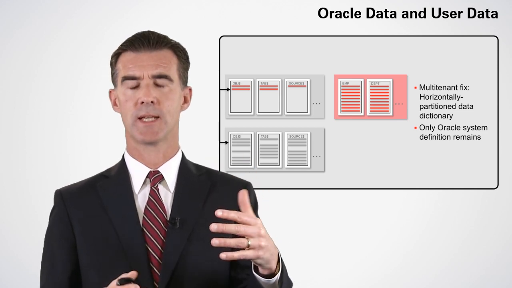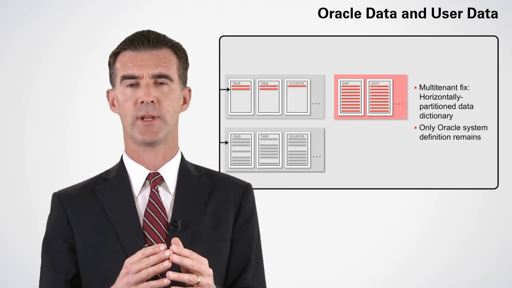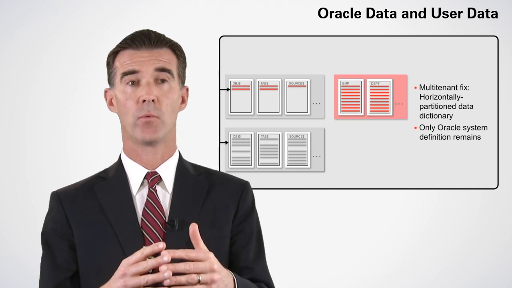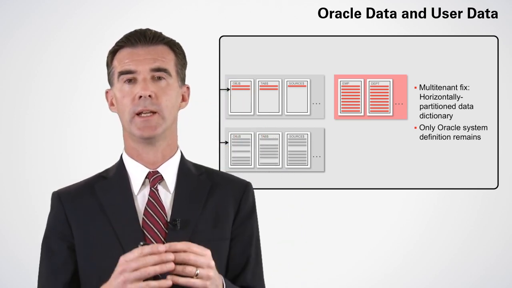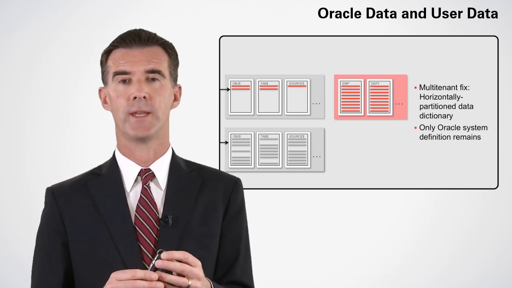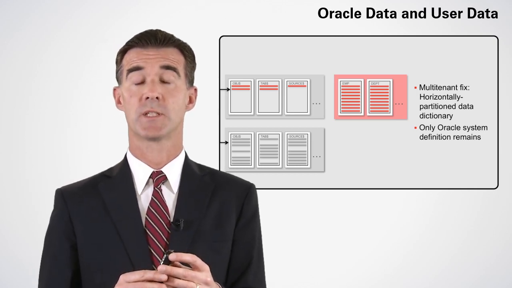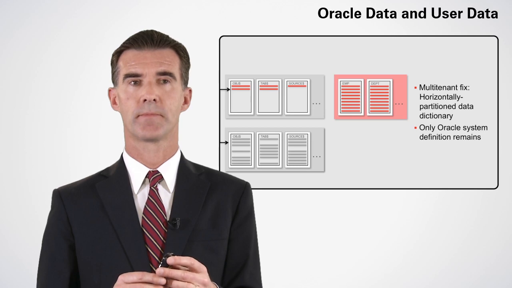The one at the bottom contains only the definition of the Oracle database itself, and the one in the Pluggable database above contains only the definitions of the customer supplied schema objects.